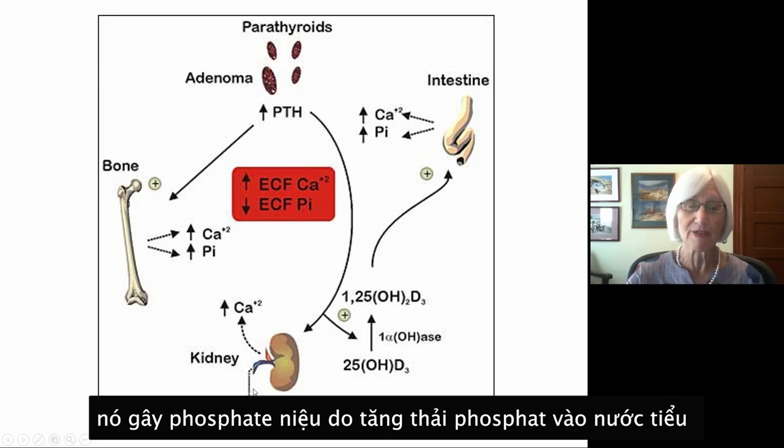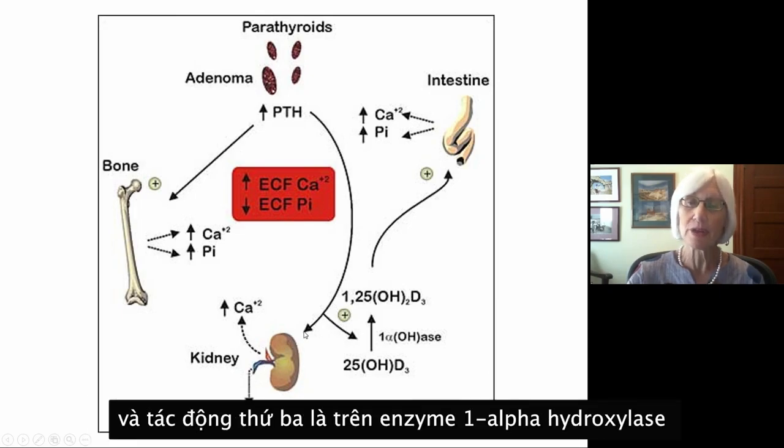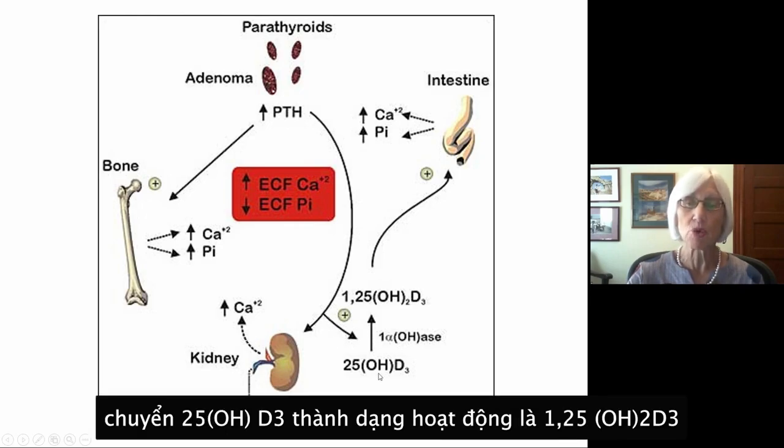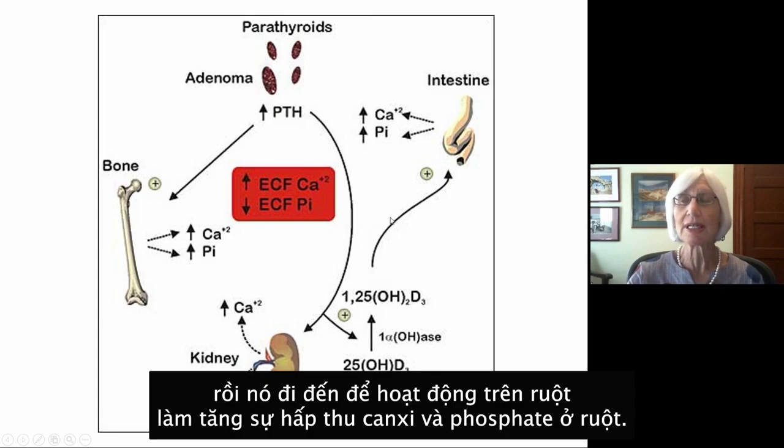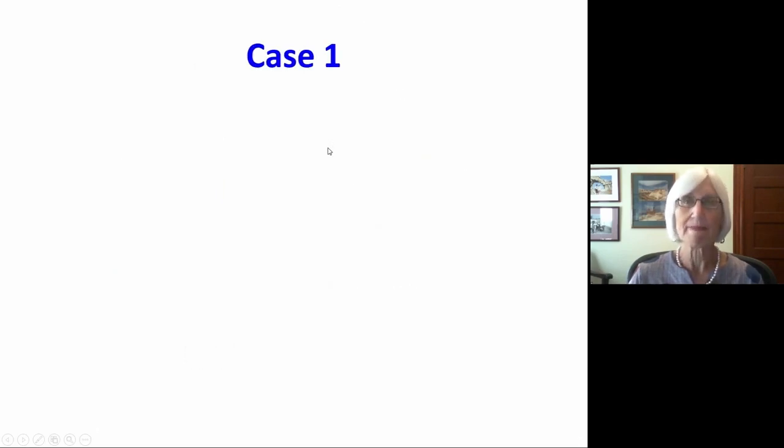It is phosphaturic, causing increased phosphate in the urine. And the third action is on the 1-alpha hydroxylase enzyme, which converts 25-hydroxy-D into the active form, 1,25-dihydroxy-D, that in turn acts on the gut to increase the gut absorption of calcium and phosphate.